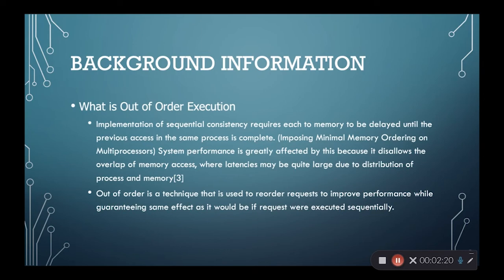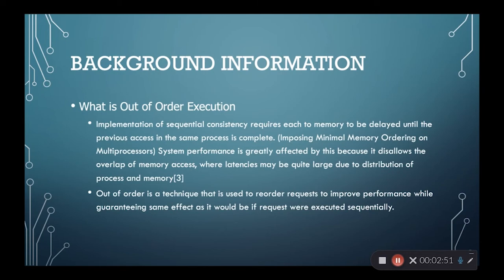The system performance is greatly affected by this because it does not allow overlapping of memory access, which means a process has to complete and be written back to memory before the next operation can happen. So this causes latencies due to distribution of processes and memory.